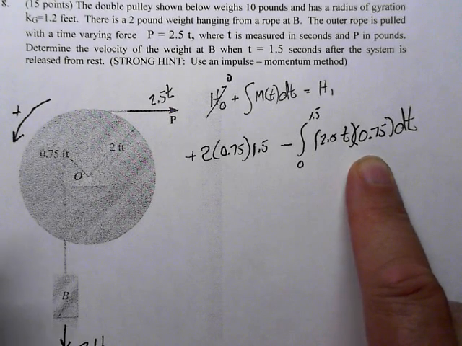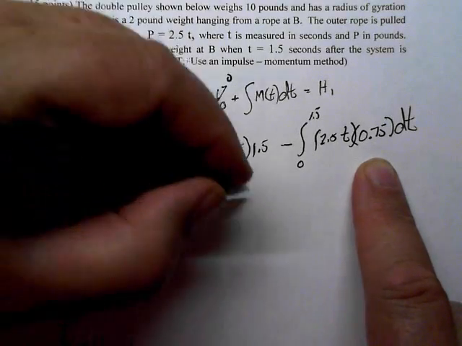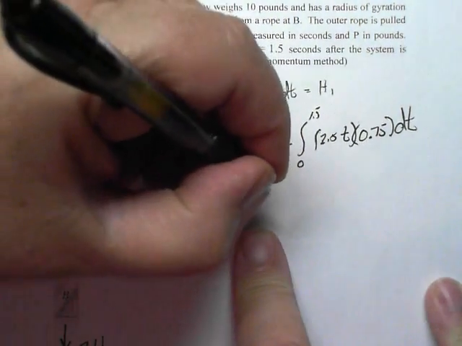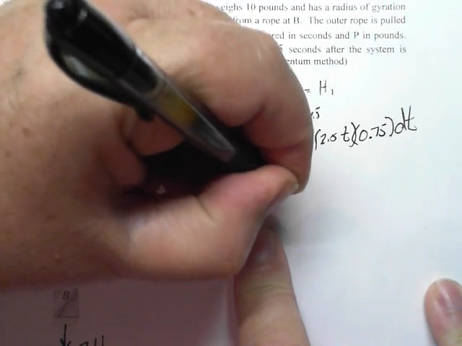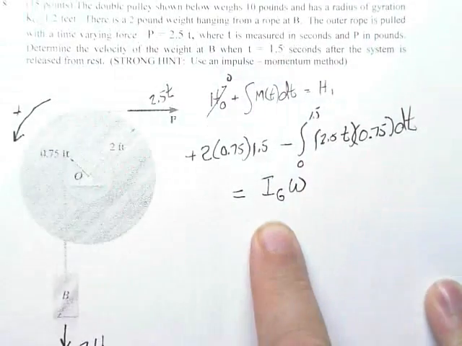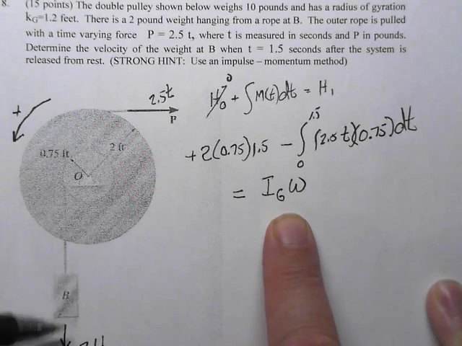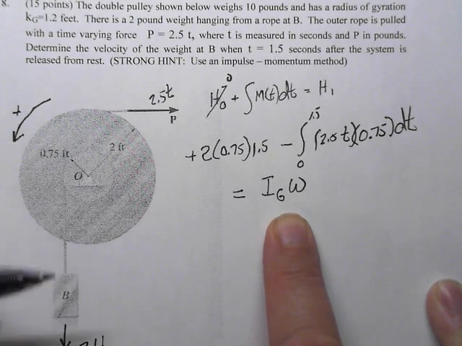And then finally, that is equal to our I_G omega of the disk plus the moment of this linear momentum.